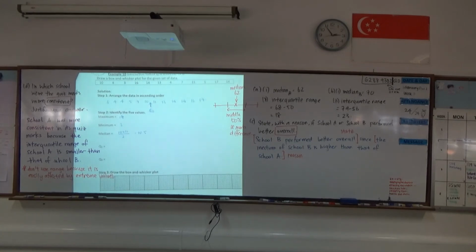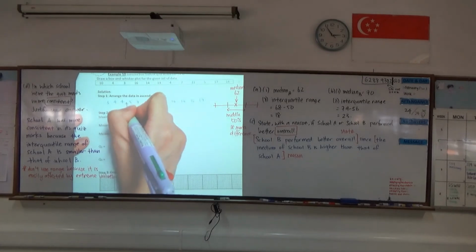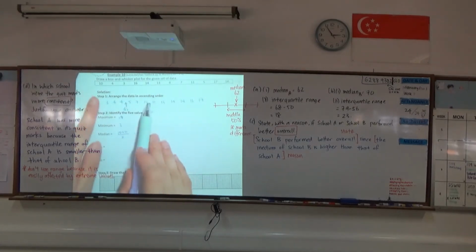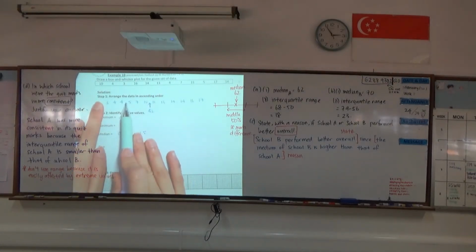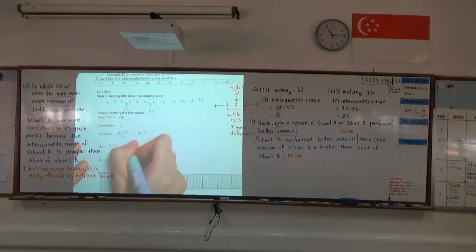And then Q1, what would Q1 be, Noi? 4.5, because we take this half of the data to find Q1. So this set of data, the center is 4 plus 5 divided by 2, 4.5. And then Q3, Li Hui, what is your answer?